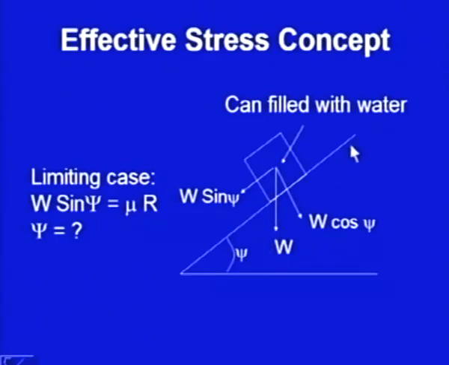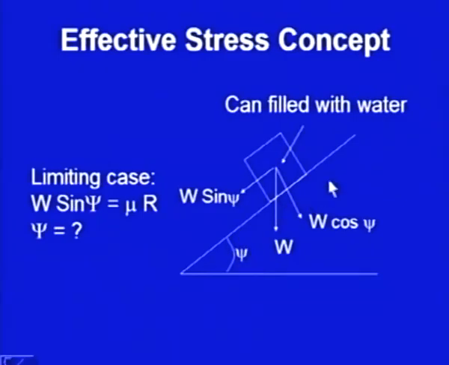Let us say this is an inclined surface. The surface is rough, having a coefficient of friction mu, and a can is placed on this surface. The can is filled with water, and this surface is inclined at an angle psi with the horizontal.